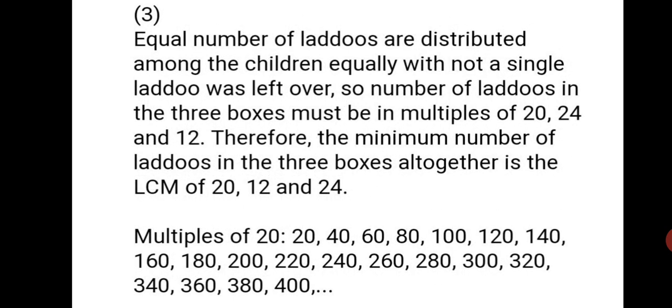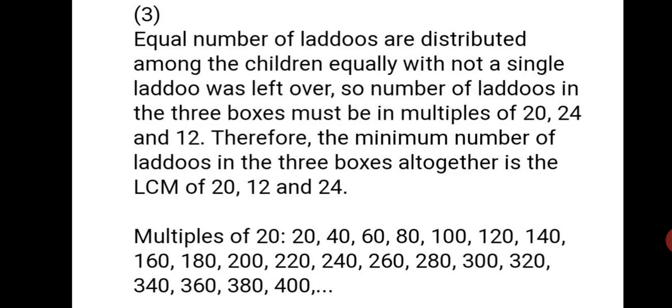Equal numbers of laddus are distributed among the children equally, with not a single laddu left over. So the number of laddus in the 3 boxes must be in multiples of 20, 24 and 12. Therefore, the minimum number of laddus in the 3 boxes altogether is the LCM of 20, 12 and 24.